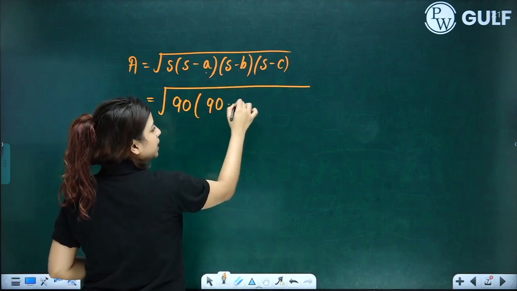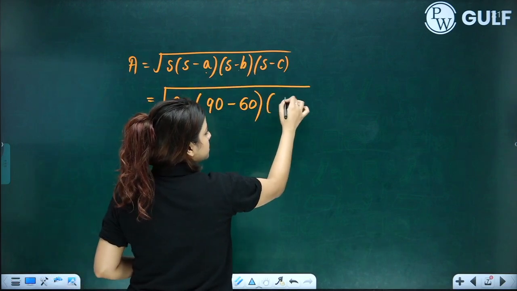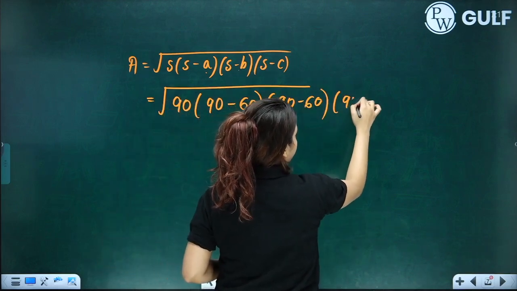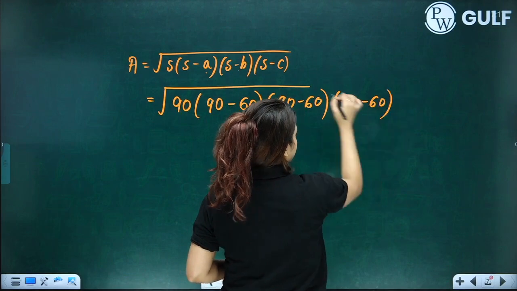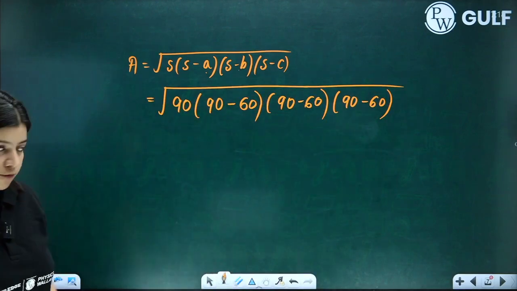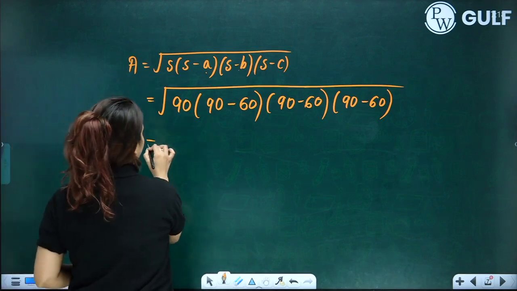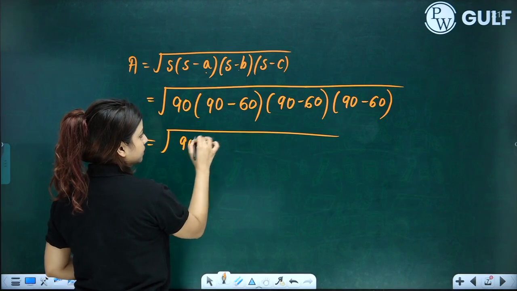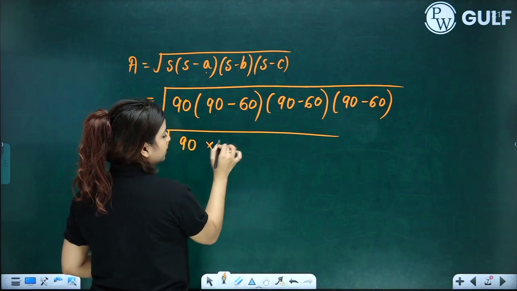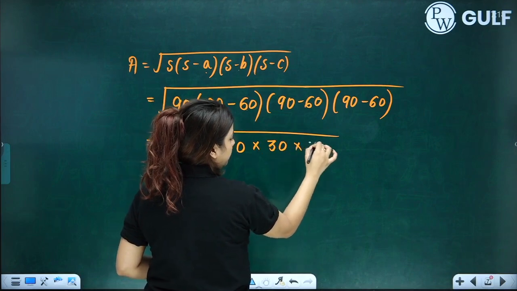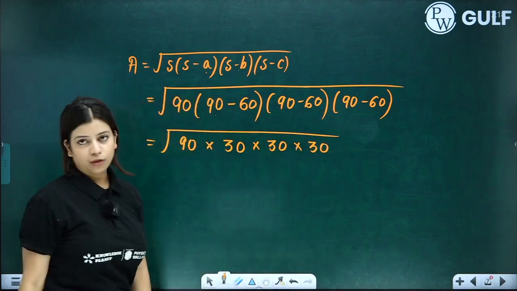So semi-perimeter minus side, into semi-perimeter minus side. This is how the formula will look. Now what we have here is 90 minus 60 will give you 30, again 30 and again 30.